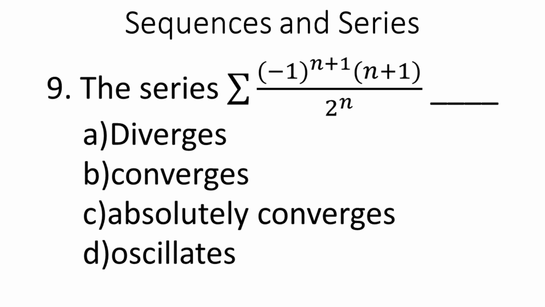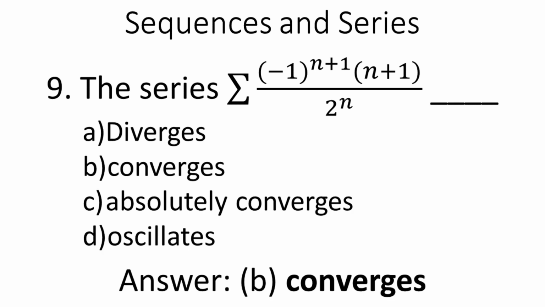Sigma minus 1 power n plus 1 an converges if it satisfies two conditions. First, the sequence an is monotonic decreasing, and limit n tends to infinity an equals 0. Okay, so here an is n plus 1 by 2 power n. Clearly the sequence an is monotonic decreasing and limit n tends to infinity equals 0. So by Leibniz test, the answer is converges.